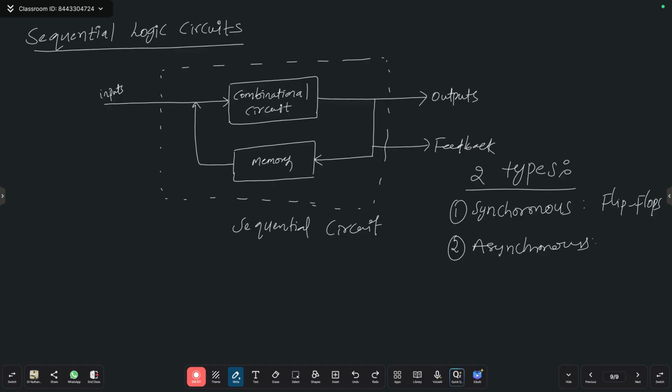In this we are going to learn asynchronous circuits: latches and time delays. We are going to learn them in your syllabus. Latches are available, and we are going to discuss latches. Got it? All of you got it?